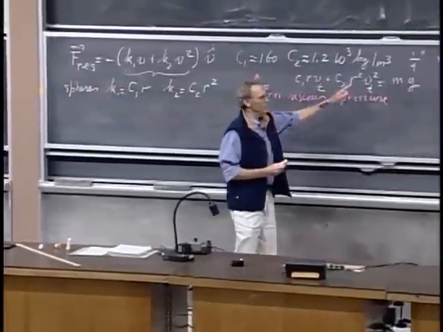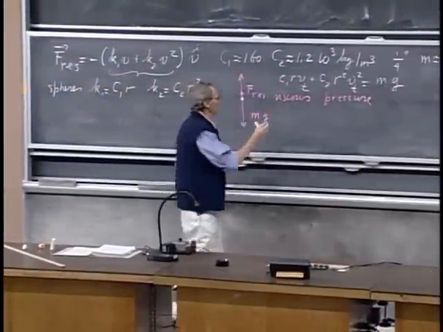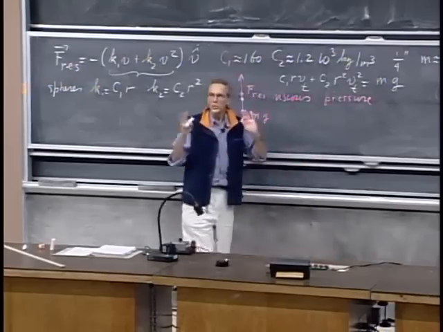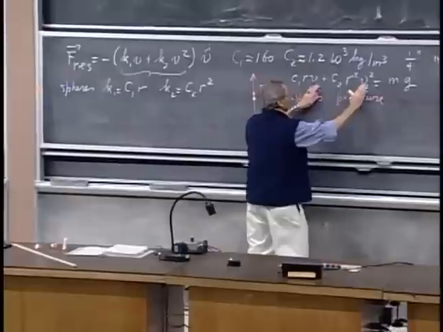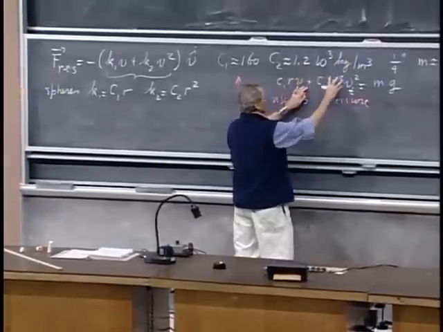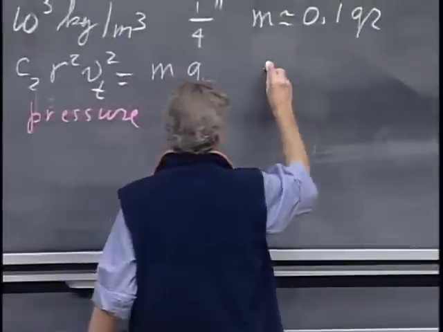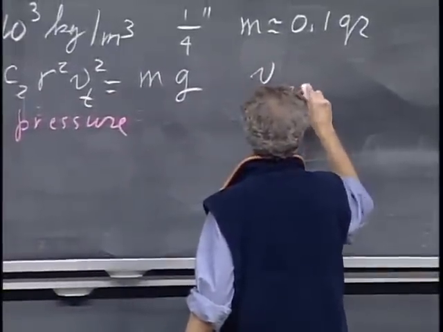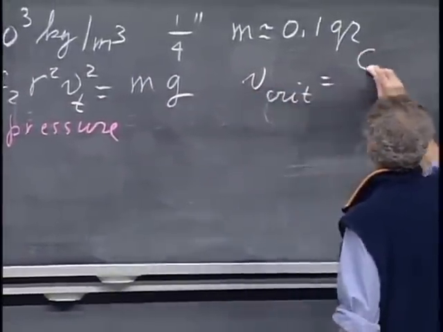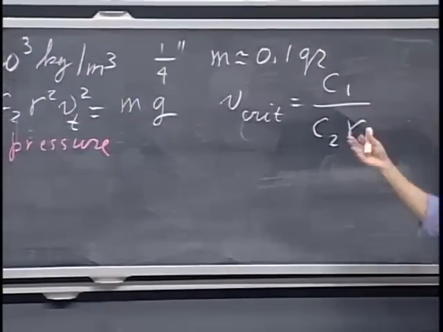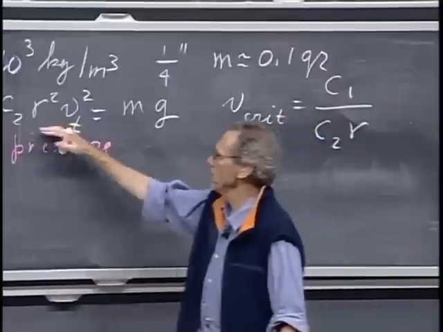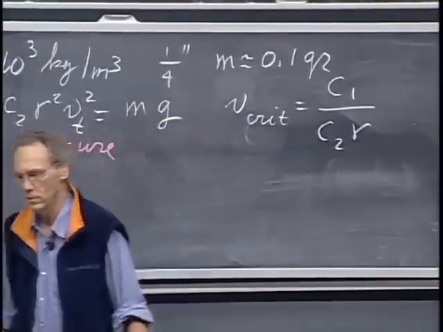Well, let's first ask the question, when is the viscous term and the pressure term the same? For what velocity? We just want to know when this term is the same as this term. That will be the case when the velocity, which we call the critical velocity, equals c1 divided by c2 times r. It's very easy to show that this term is then exactly identical to that one.